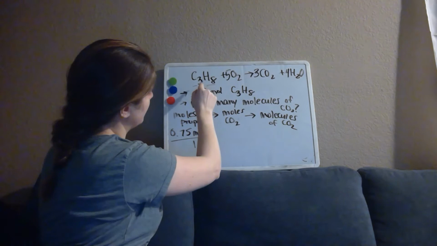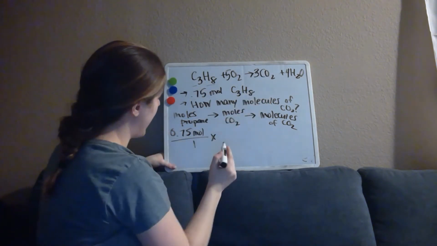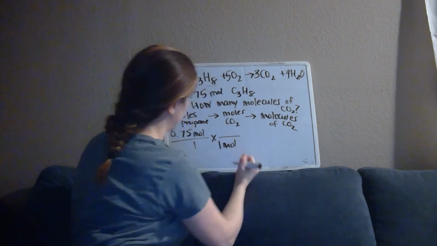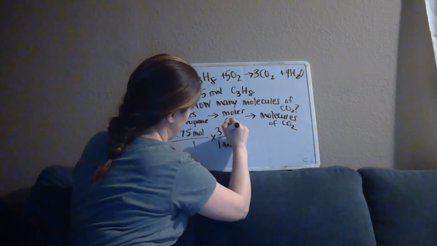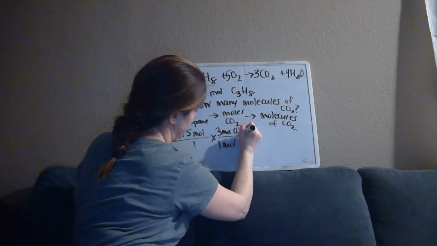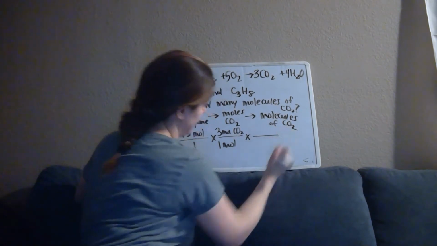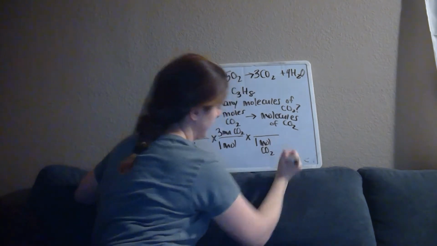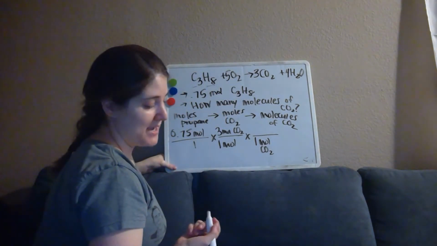that relates propane to carbon dioxide. So for every 1 mole of propane, we will form 3 moles of carbon dioxide. And then to get to molecules, for every 1 mole of carbon dioxide, that's when Avogadro's number will come in.